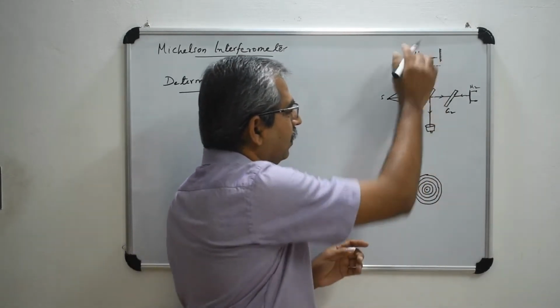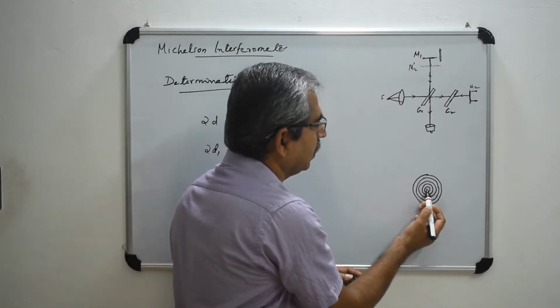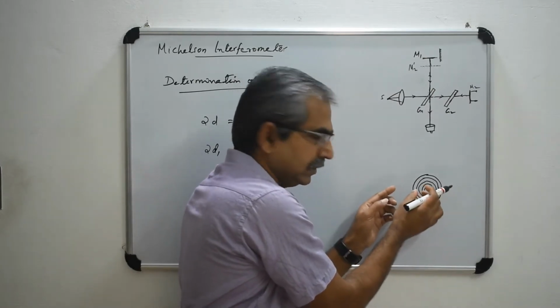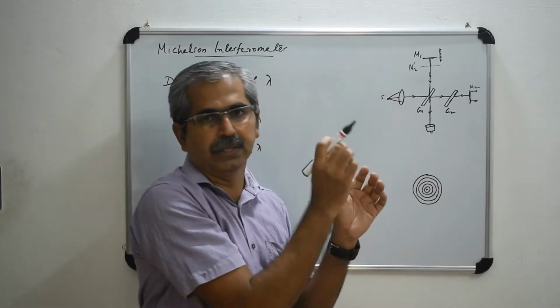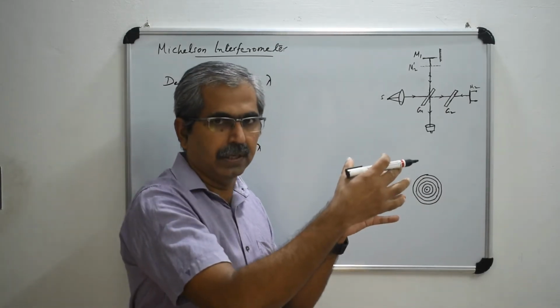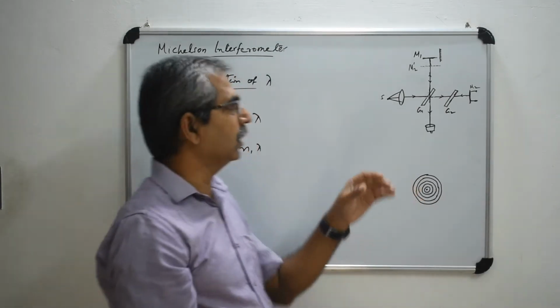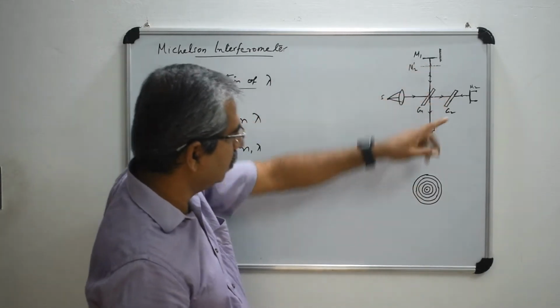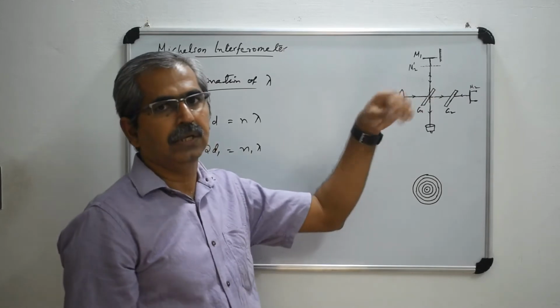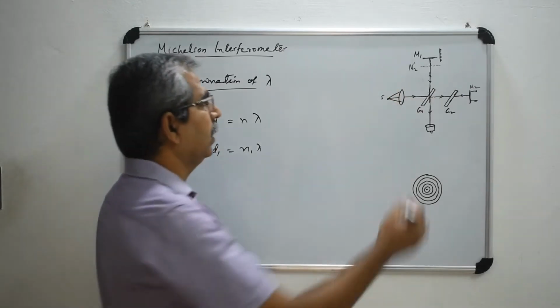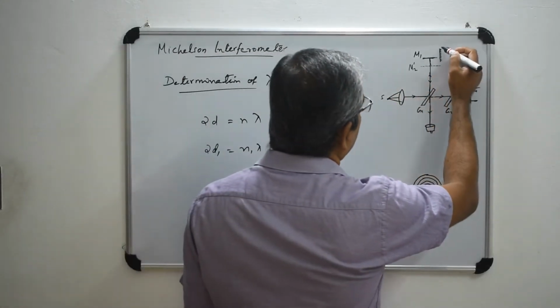By moving it, you can see that this dark spot will increase in size, and then a bright spot will be formed at the center and will expand, and a new fringe will be formed. By looking through the telescope, you can count the numbers. Now you have moved it to another position.